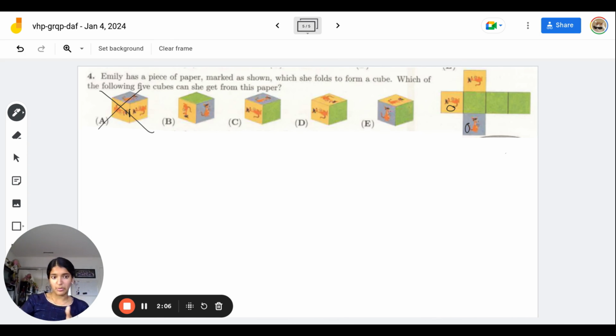The only thing that they will share is their tail. So when we look at B, we can also tell that the top would be green. You just kind of have to visualize it. And when we look at B, these two tails are together, and we can also see that green is on the top. So B is definitely possible, and the answer for this question is B.